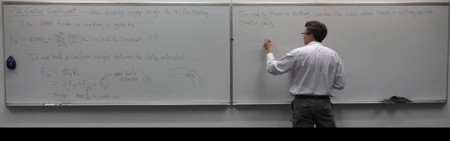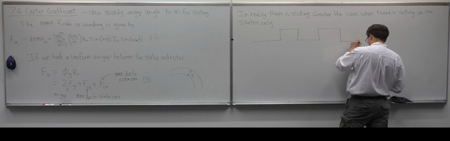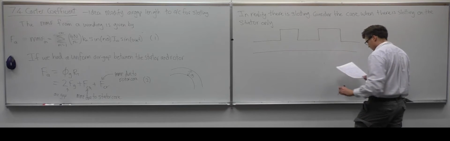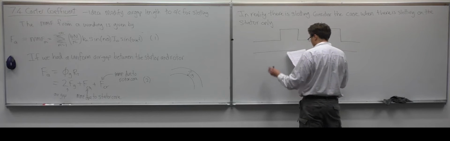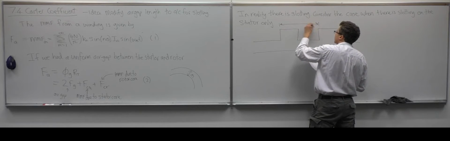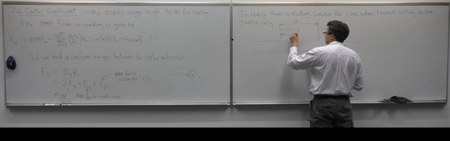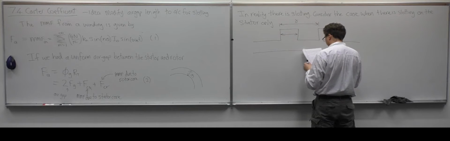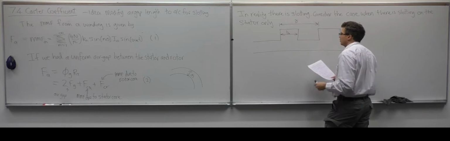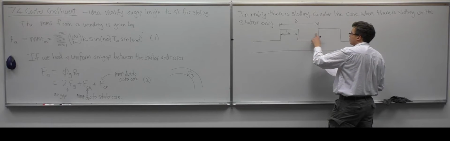So we have something like this on the stator, and then this is the rotor surface. So this length here is the slot pitch. This would be the length of where the winding goes, B0, and this is the tooth pitch here.